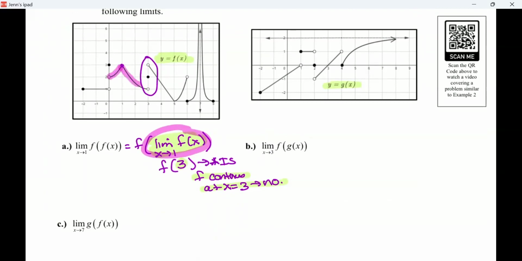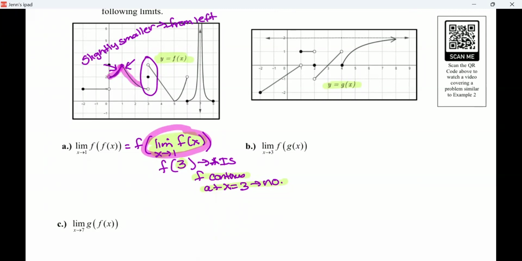Remember, we're looking at those x values slightly smaller. Notice as I approached 1 from the left and from the right, all of those y values were slightly smaller. And when we think about limits, when we say slightly smaller, we're thinking from the left.